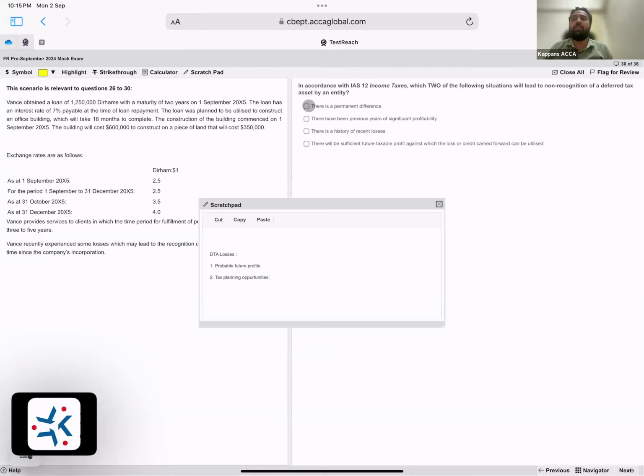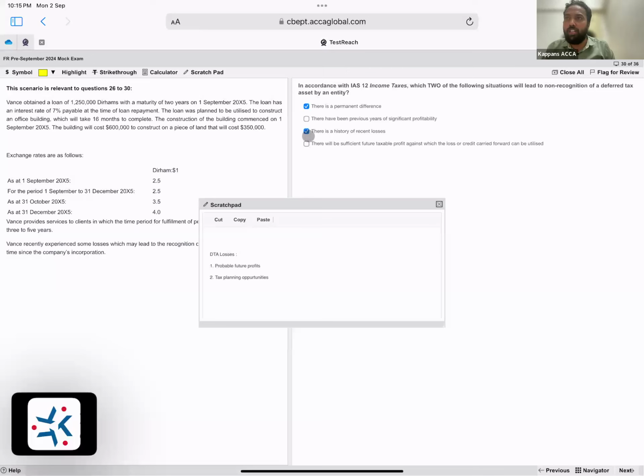There's a permanent difference. Now you have to remember, deferred tax arises from a temporary difference. How do you calculate deferred tax? Temporary taxable difference times tax rate. If there is a permanent difference, then there is no deferred tax. There have been previous years of significant profitability. There is a history of recent losses.